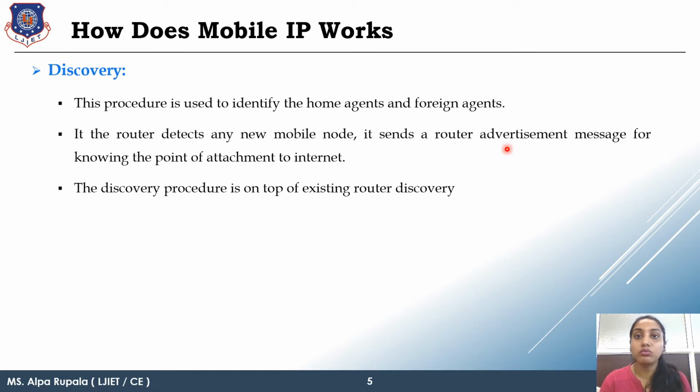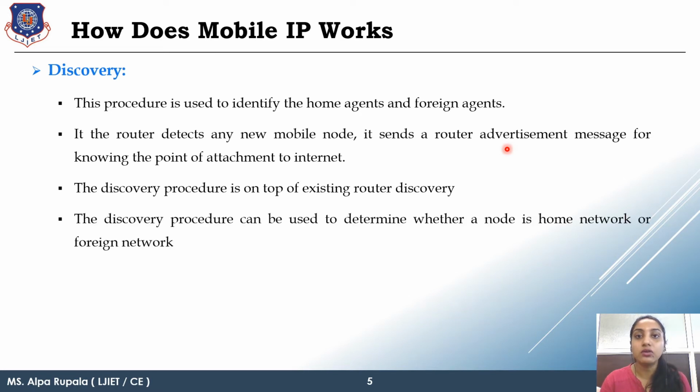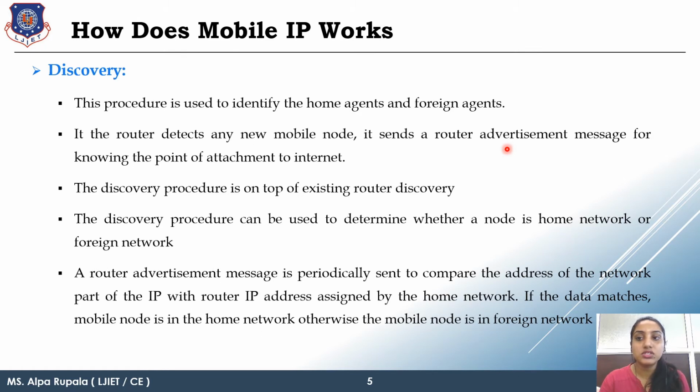But if it is a foreign node, then the router will send the care of address, with its own network address, to the mobile node, as the care of address of that particular mobile node. So this process is known as the discovery process.